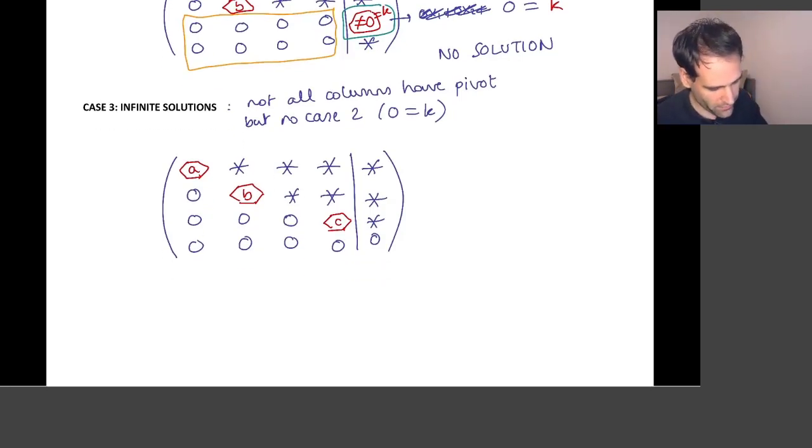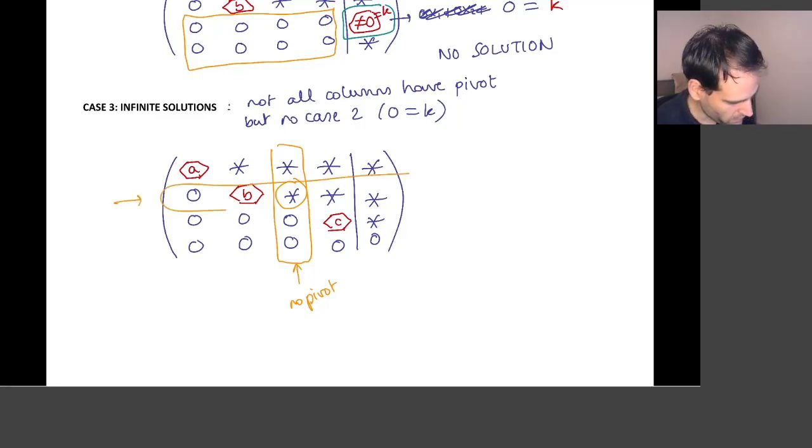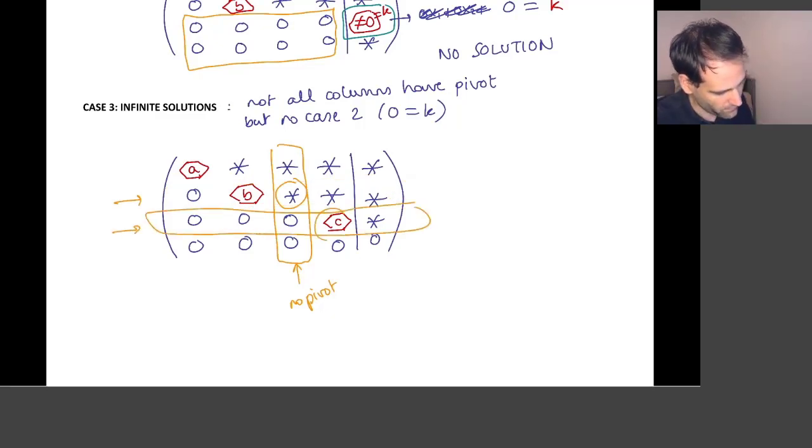Why is it an example of case 3? Well, the third column has no pivot. Remember, this is not a pivot, because there is a non-zero number to the left. So remember, the pivot for each row is the first non-zero number in the row. So for the second row, the pivot is B, and for the third row, the pivot is C. So this column doesn't have a pivot.